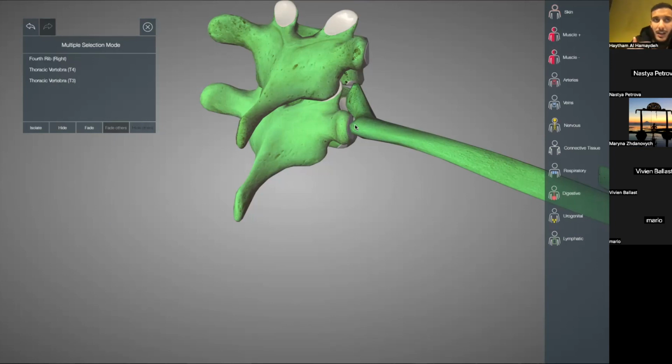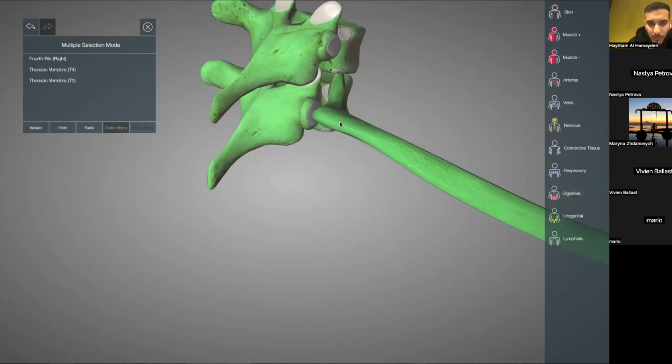The medial part of the tubercle is the articular surface with the transverse process. So, the costotransverse joint is a joint made up of articular surfaces, the transverse process articular surface and the medial part of the tubercle of the rib.